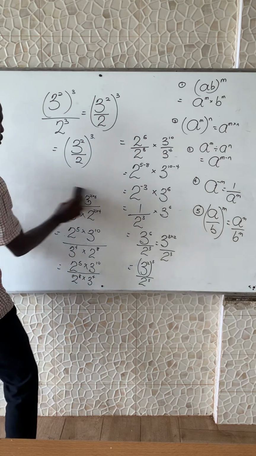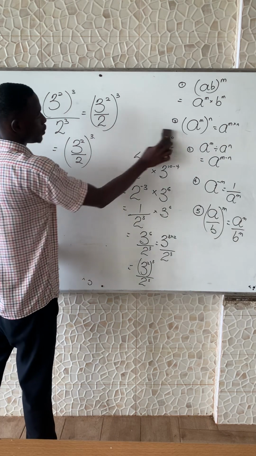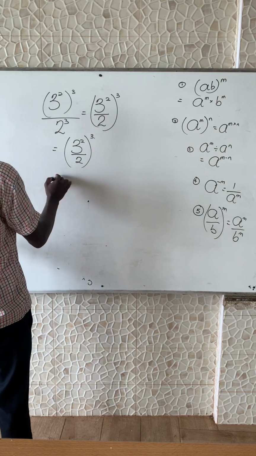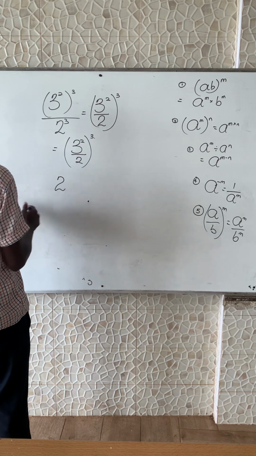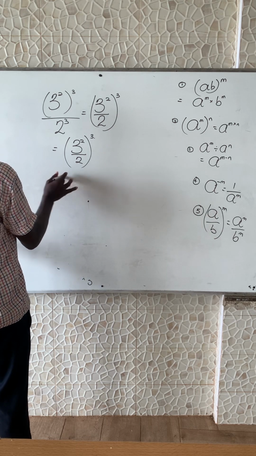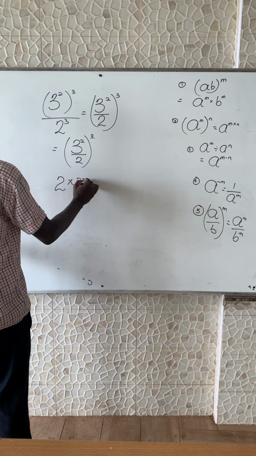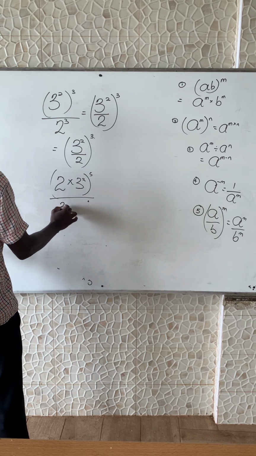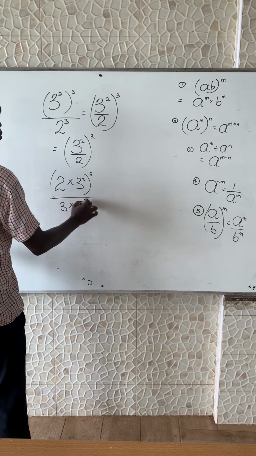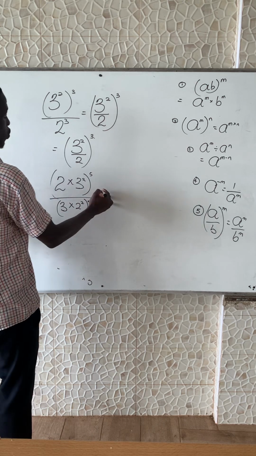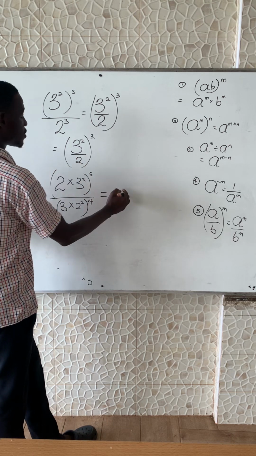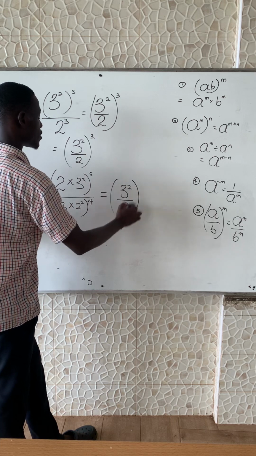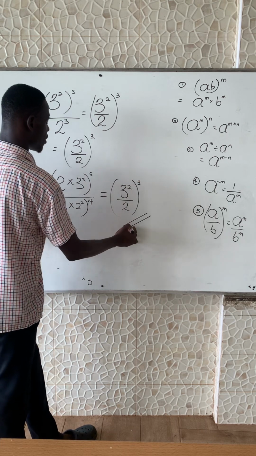So, in conclusion, our answer is going to be 2 exponent 2 times 3 exponent 2 all to the power 5 divided by 3 times 2 exponent 2 all to the power 4, which will now give us our final answer, which is 3 exponent 2 divided by 2 all of this exponent 3 as our answer.